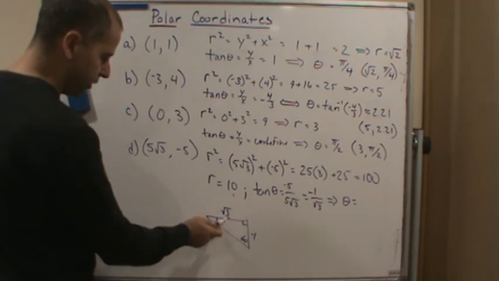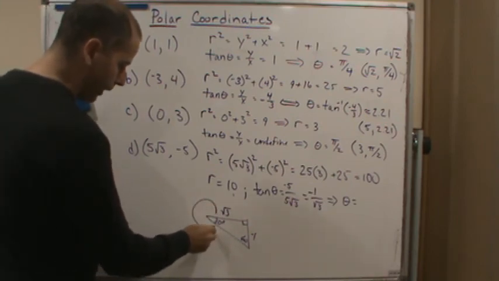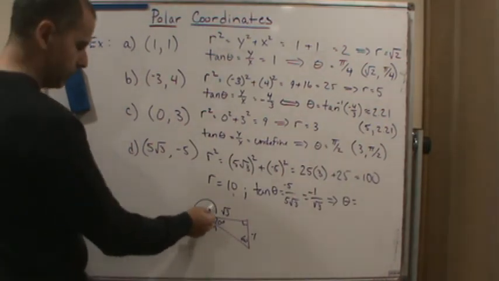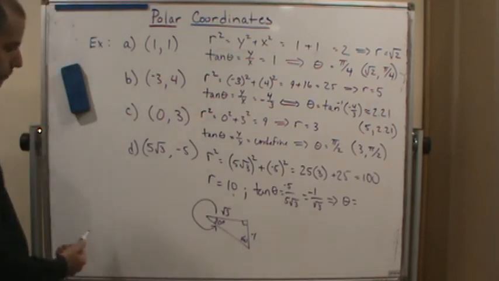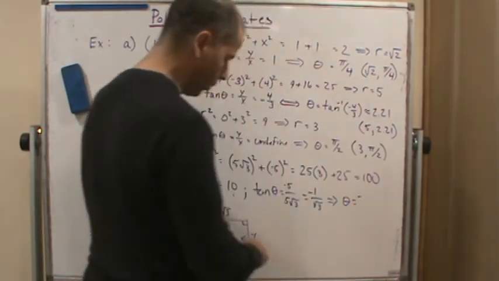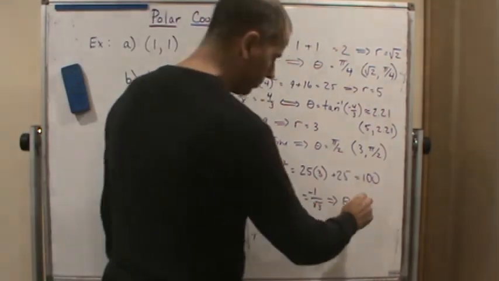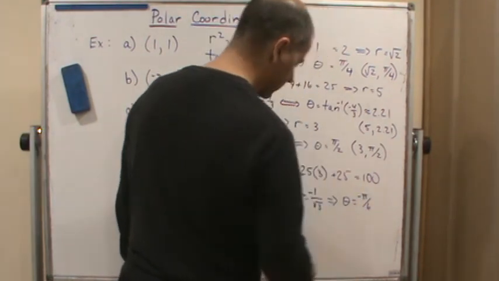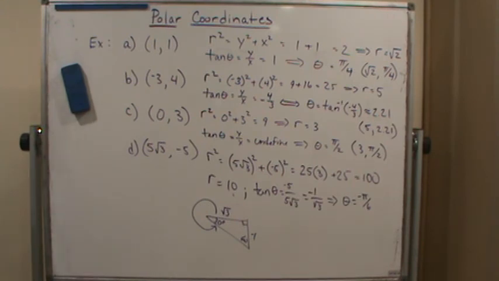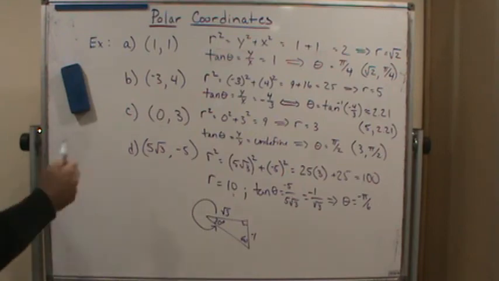So that means this is 30, but we're going all the way around. So what's theta? Theta is the distance around. So if this is 30, we could be negative, because you're going the opposite direction. So again, this would be negative pi over 6, or if you wanted to go the other way, it would be 11 pi over 6.